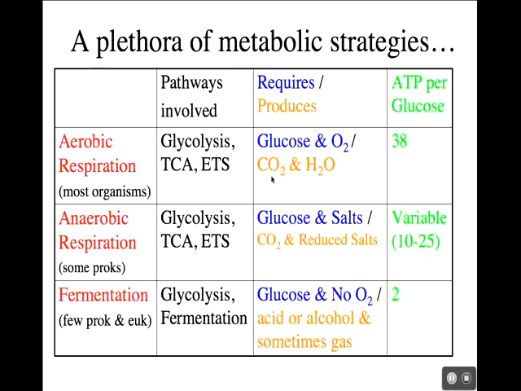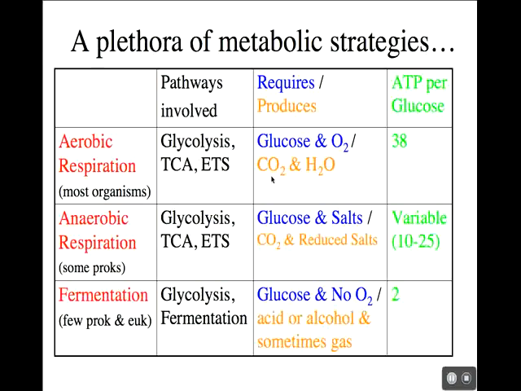Which part of aerobic respiration requires oxygen? The electron transport system requires oxygen because it's the final electron acceptor. I could ask you, which portion of aerobic respiration makes the most ATP?